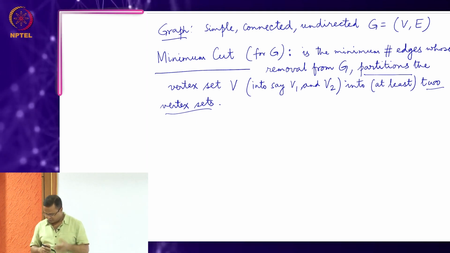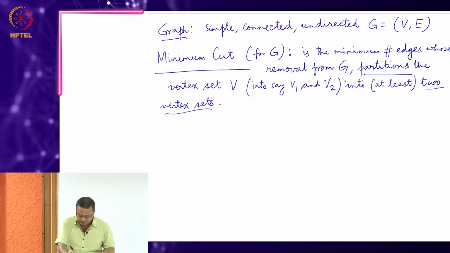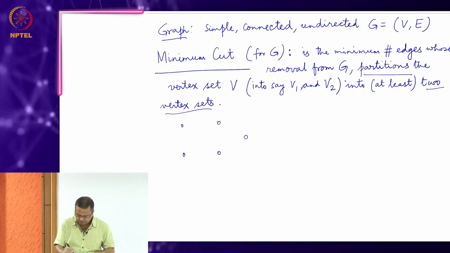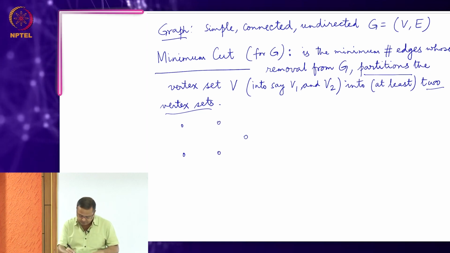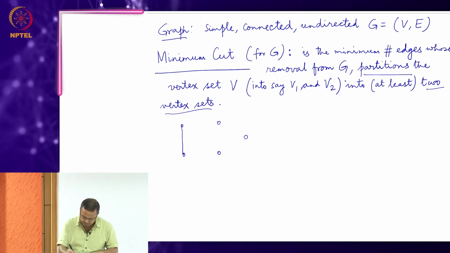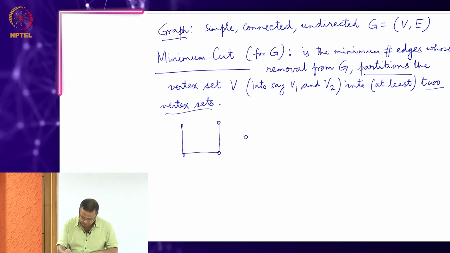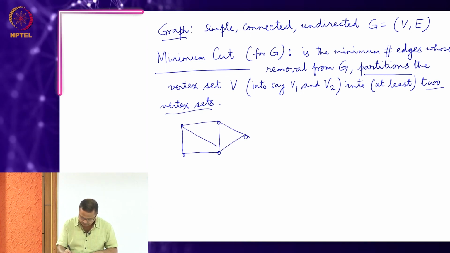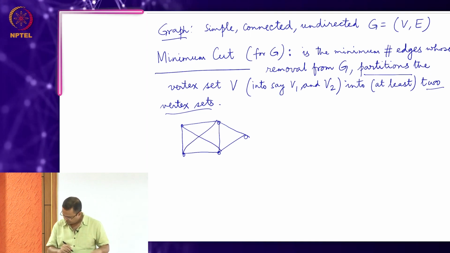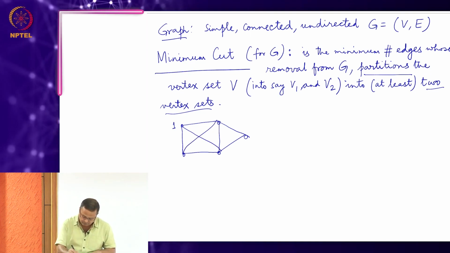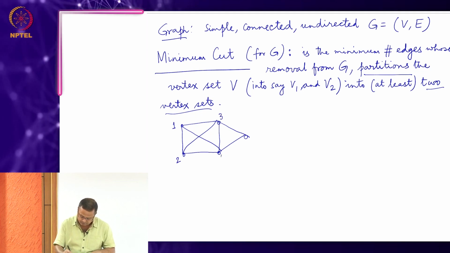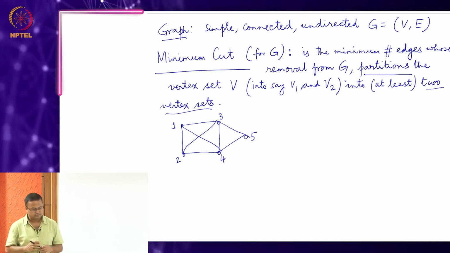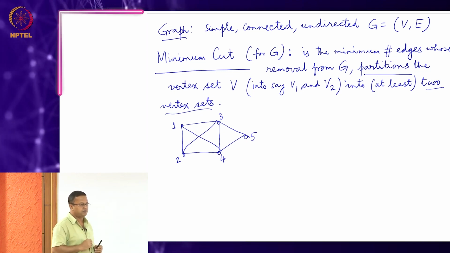Fine. So, let us look at an example. Here is a 5 vertex graph.